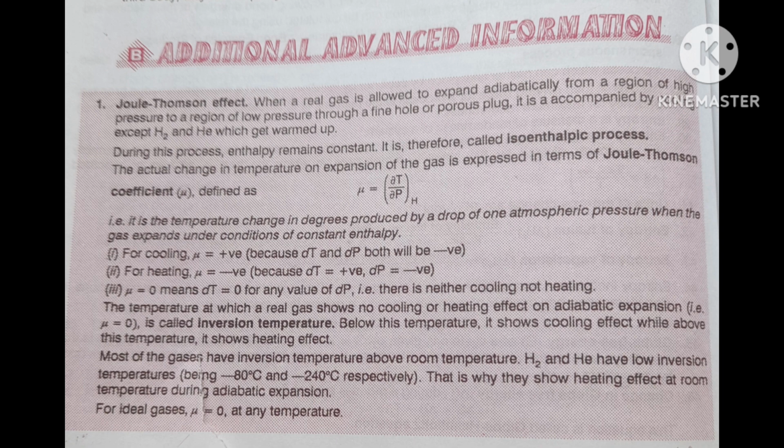Also you can remember dQ is equal to dE plus P into dV. dE means change in energy. Or delta also you can remember. Anyway you can tell delta Q is equal to delta E plus P into delta V. Then pressure into delta V, that is the work done.